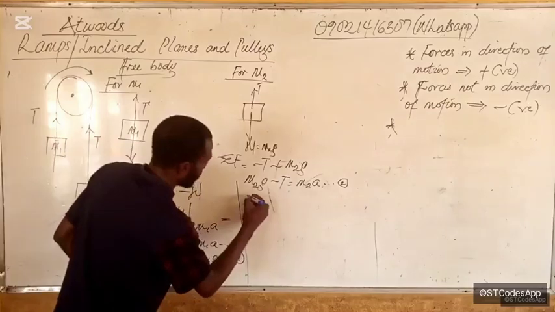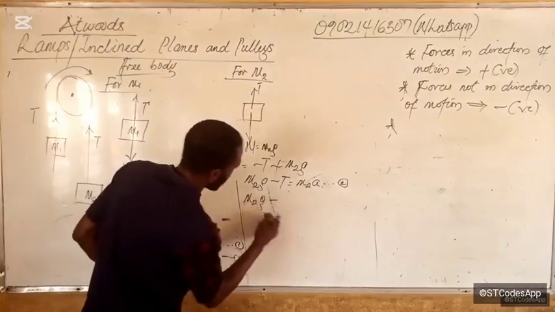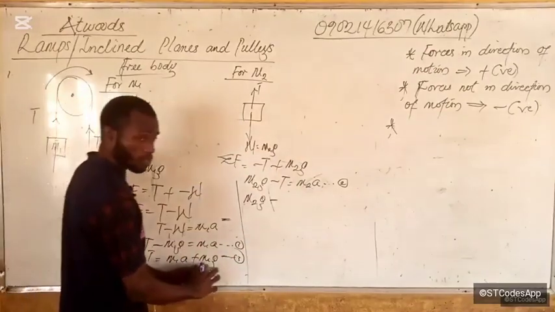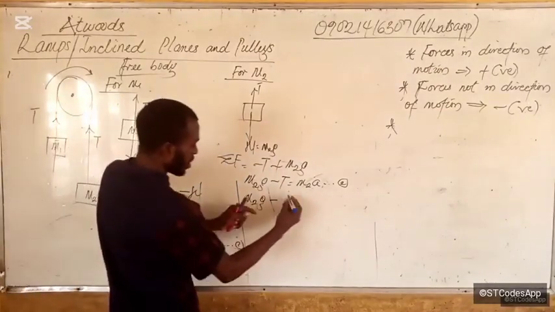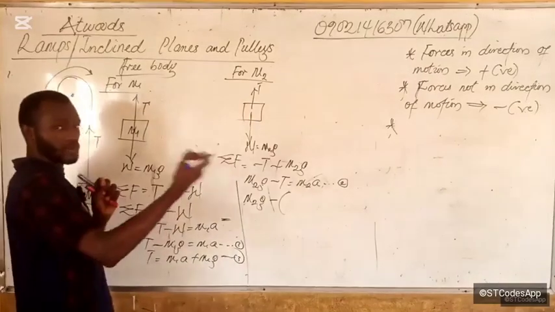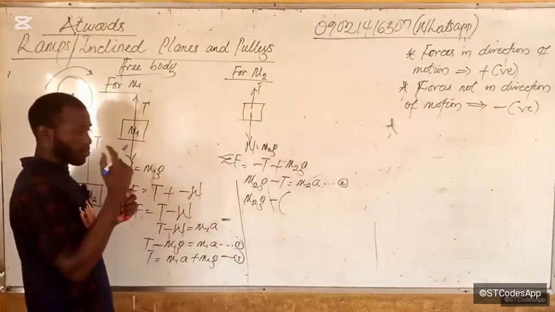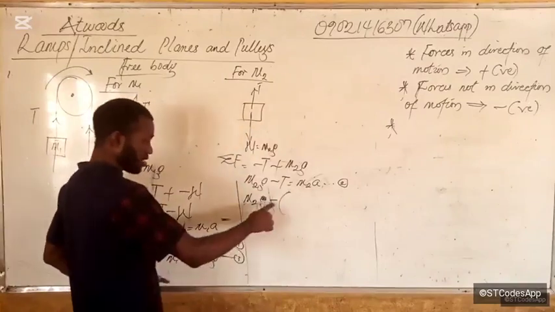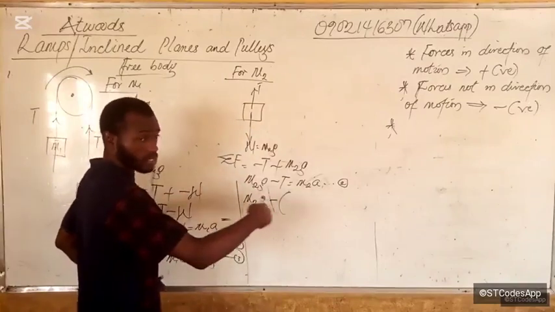So we therefore have M2G minus, since tension is M1A plus M1G, we put it in bracket because it's an expression, not just one value. We have to put it in brackets because this minus might have an effect on the expression.